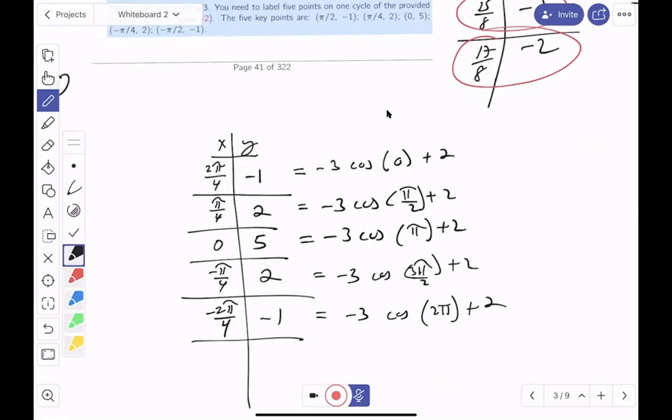And I'm definitely going back to the beginning. I want to look at the picture, though. I'm sorry, I want to look at my period and amplitude and things like that. I'll put a period down first. The beginning and end. Beginning was at 2 pi over 4, which is going to be pi over 2. And the end, if you remember, was minus pi over 2.